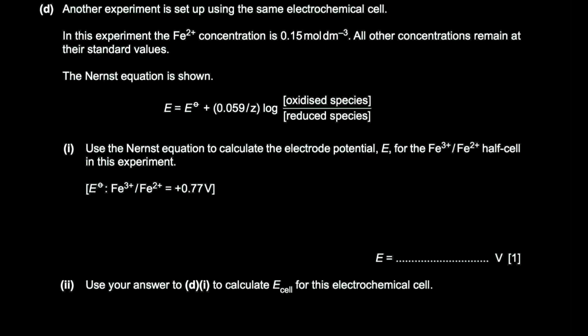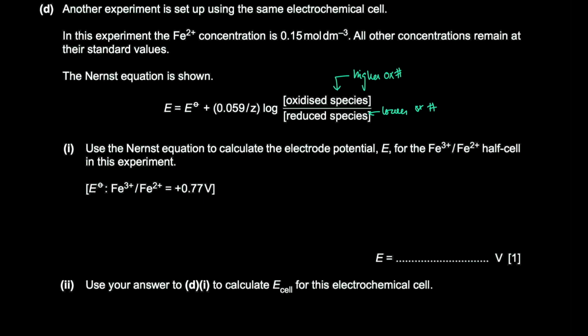Okay. Now in the Nernst equation, this numerator, the oxidized species, is the species with the higher oxidation number, and the reduced species is the species with the lower oxidation number, okay? What they're saying here is that they're changing the concentration of Fe2+ to 0.15 mole per dm3.